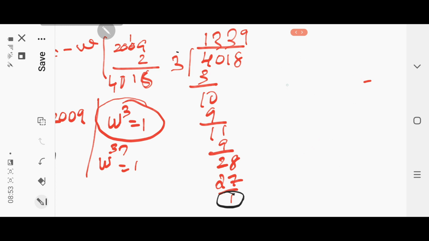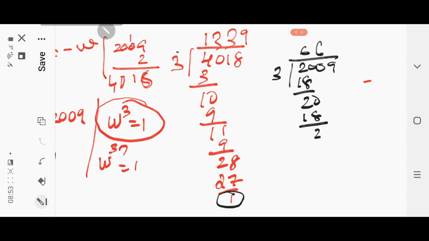2009 divided by 3, same procedure again. 6 threes are 18, remainder 2. Again 6 times, 18, then 29. 9 threes are 27. Remainder is 2.